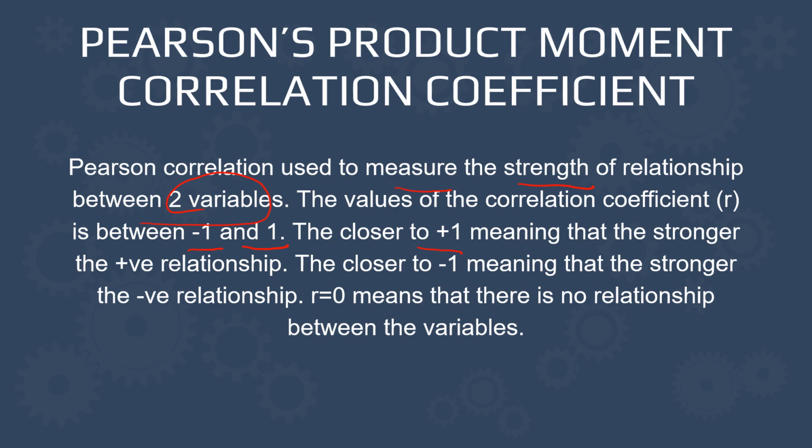If it is closer to -1, it means a stronger negative relationship. What about if we have r equals 0? This means that there is no relationship between the two variables. Basically, Pearson product moment correlation coefficient helps us understand how changes in one variable are associated with changes in another.